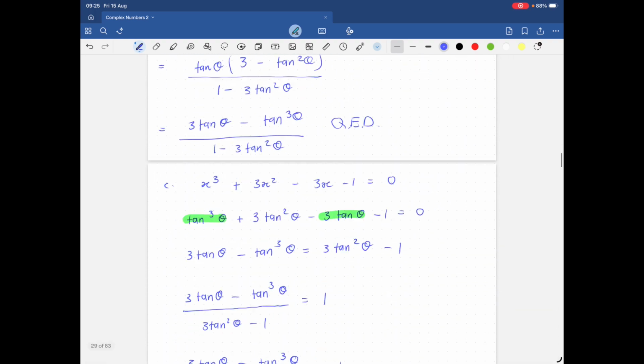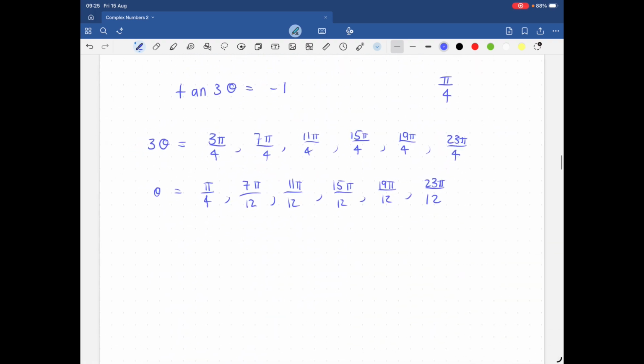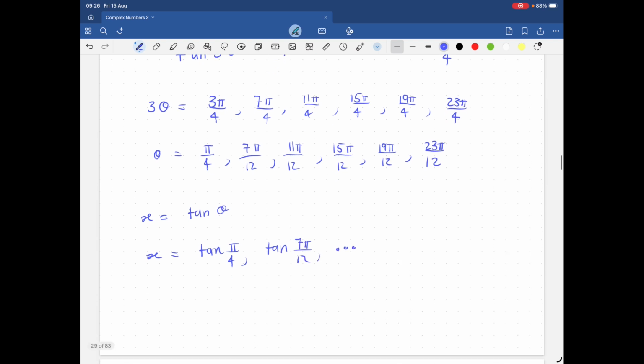So if we just quickly finish off part C, we know that x was tan theta. So x equals tan theta. So x equals tan of pi on 4, tan of 7 pi on 12, and so on. All of those options.